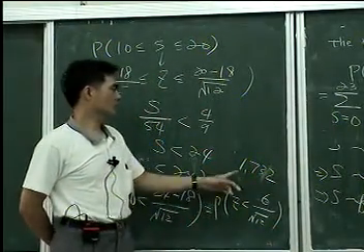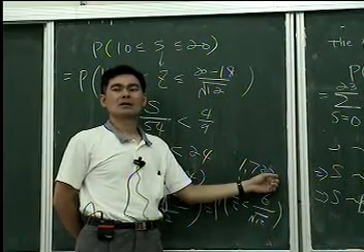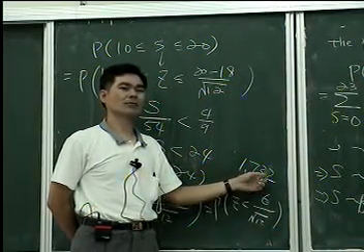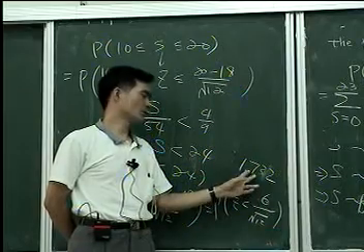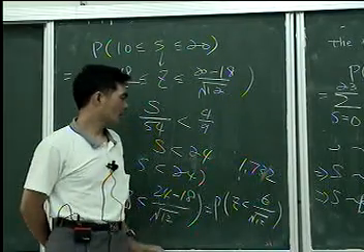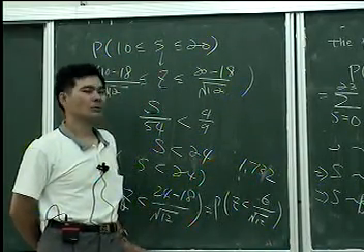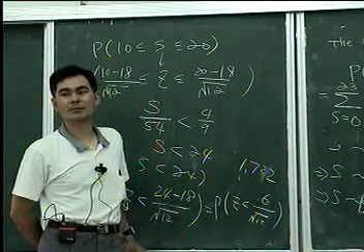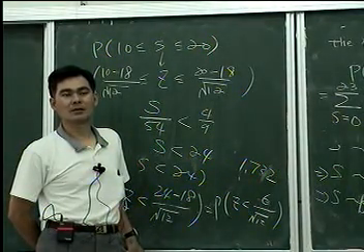Generally, you don't have to do it to this point, because according to the table, you only have 2 decimal points. So can anyone check the table and tell me the probability?